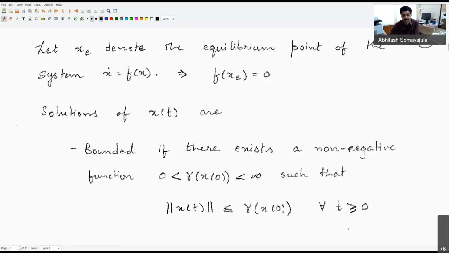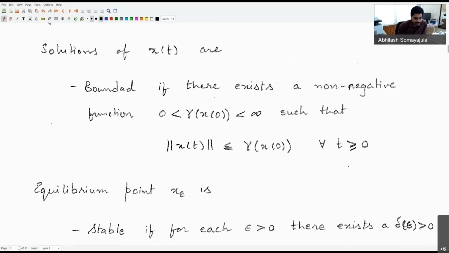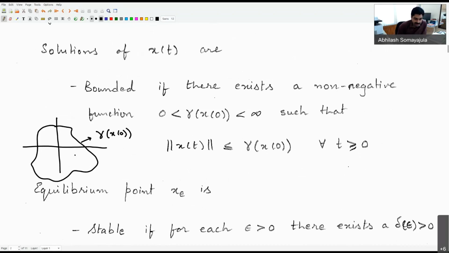So for example, let's say it's a two-dimensional system, and I have some region defined, and that is what is being given by your gamma of x of 0. And then let's say x of 0 is somewhere here. Okay. And then as the system evolves over time, no matter what it does, it doesn't cross this boundary, is what I'm saying.